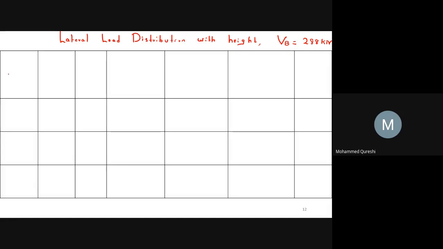Now the first column will be for floor level, that is first floor, second floor and third floor. Here Wi, that is seismic weight of floor. Hi in meter, that is height of floor from base.